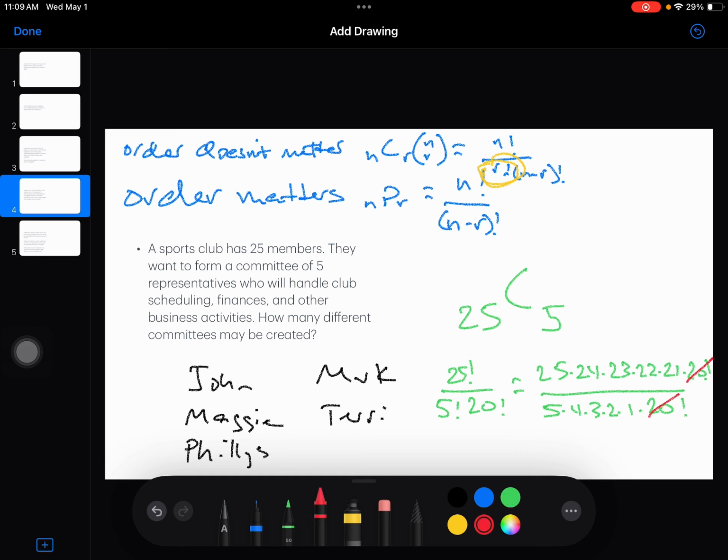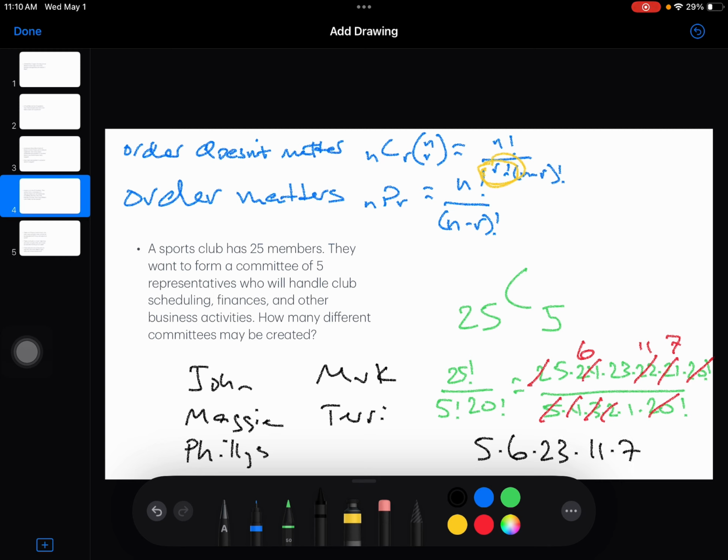We're going to get rid of our 20 factorials there, and now let's look at some common factors. 5 goes into 25 5 times. 4 goes into 24 6 times. 3 goes into 21 7 times. And 2 goes into 22 11 times. So what we're left with is 5 times 6 times 23 times 11 times 7.